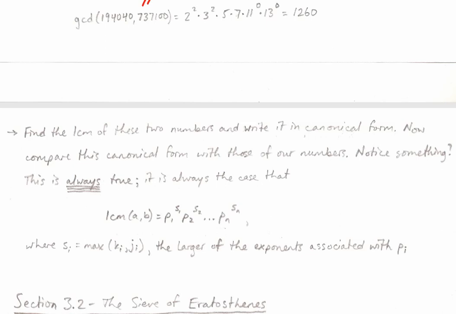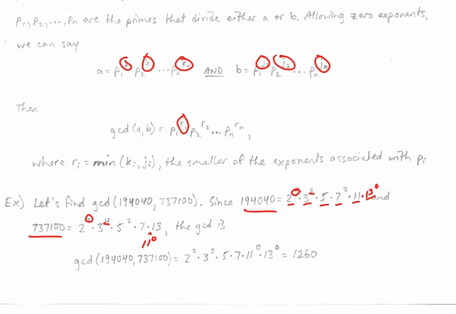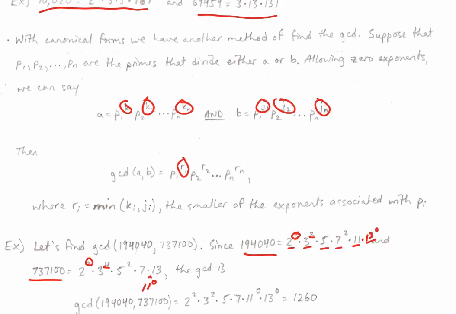But the big thing from this video is being able to take a large number, write it in its canonical form, and then being able to find the GCD and then the LCM of two large numbers by using their canonical forms and using this fact that we talked about right here.